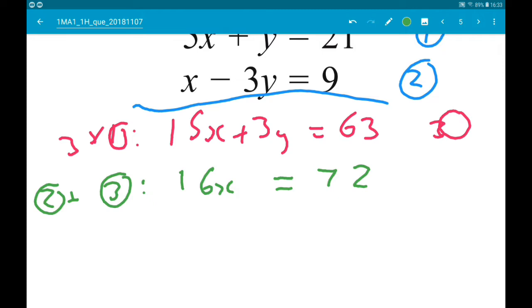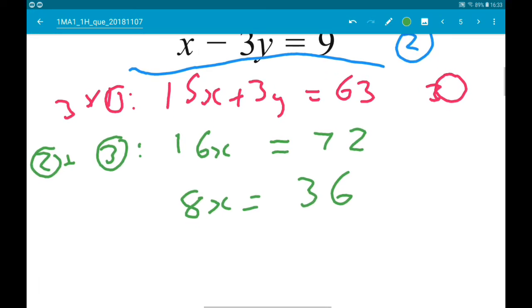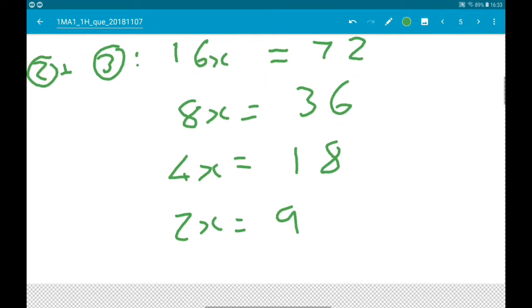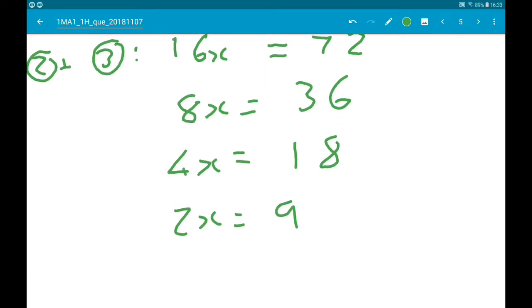So if we do that, we will get 8x is equal to 36. You can even do that again if you like. 4x is 18. 2x is 9. So x is 4.5.